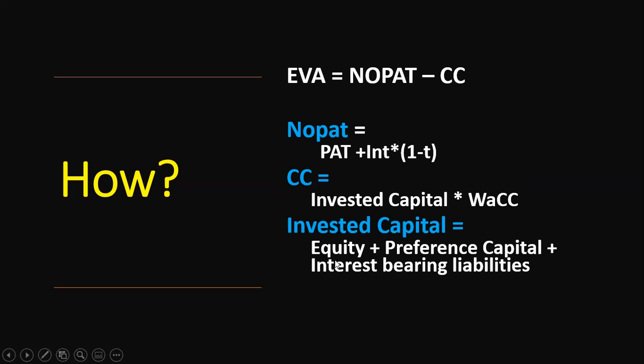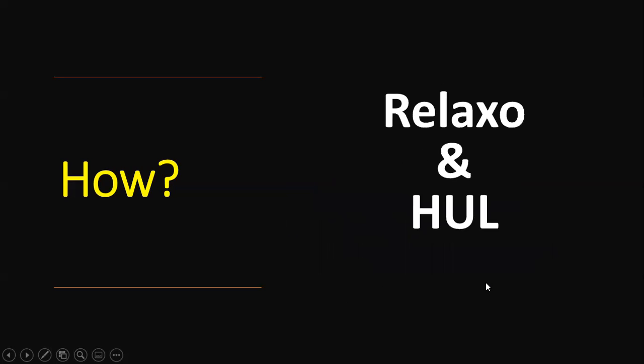So invested capital is equal to equity plus preference capital plus interest-bearing liabilities. We can also calculate this from the asset side as assets minus non-interest-bearing liabilities. So now, with an understanding that EVA is equal to NOPAT minus capital charge, we'll take examples of two companies from India.